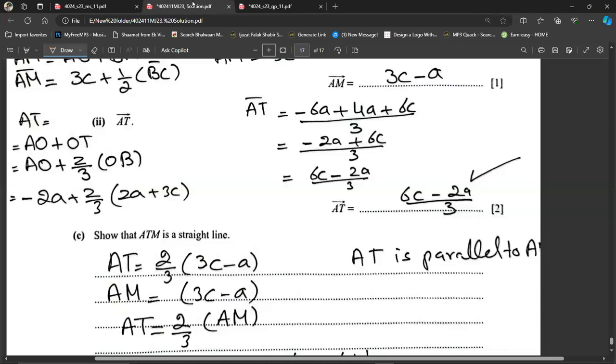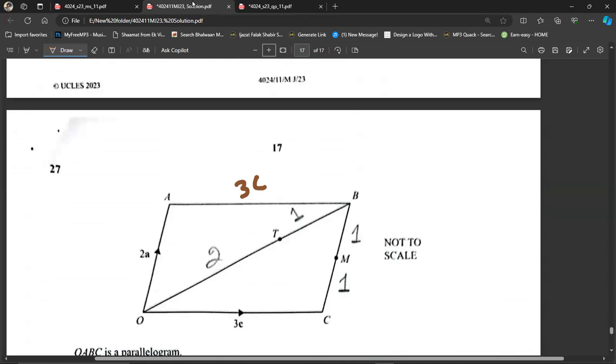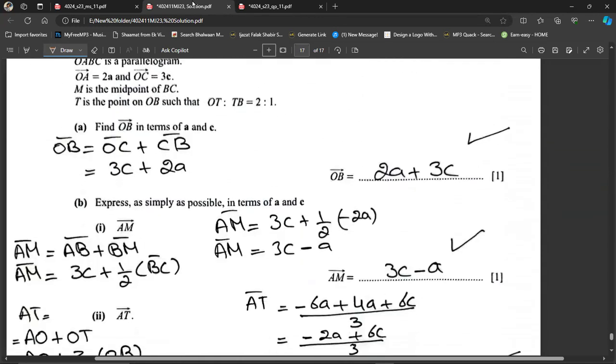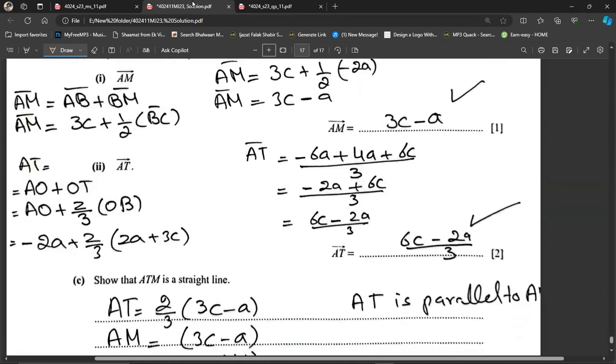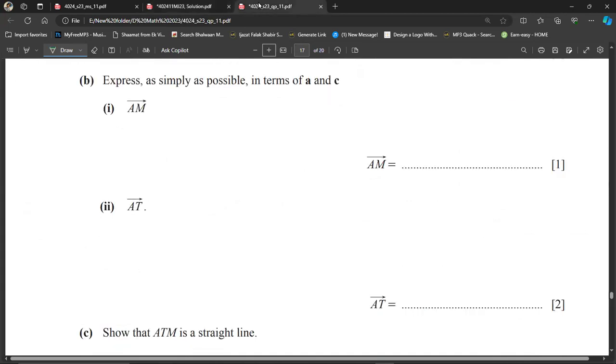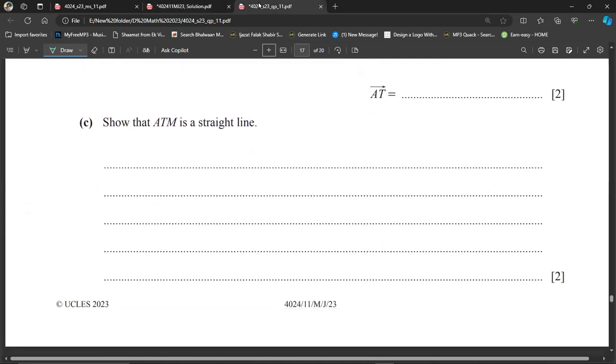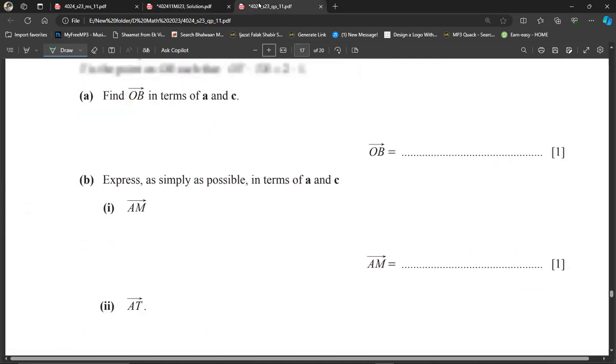So your answer is right. Hopefully you understand. Look at that diagram again and then look at this part, how we found AT. Okay? Hopefully you understand.